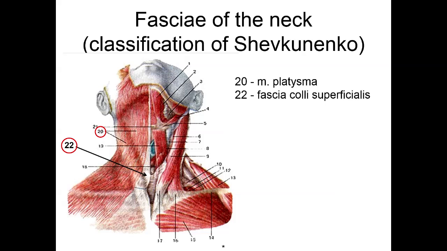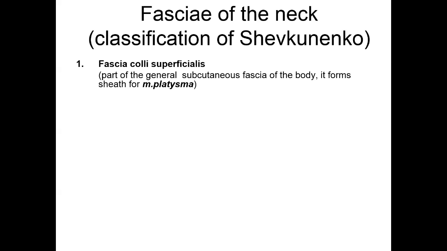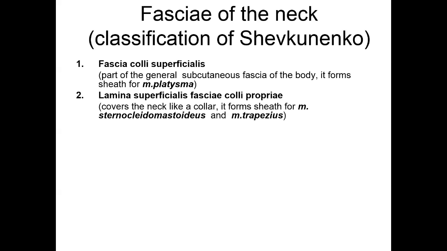Then, number 2, lamina superficialis fasciae colli propriae. That means that fascia colli propria is a special sheath which is divided into 2 laminas, lamina superficialis, which covers the neck like a collar.